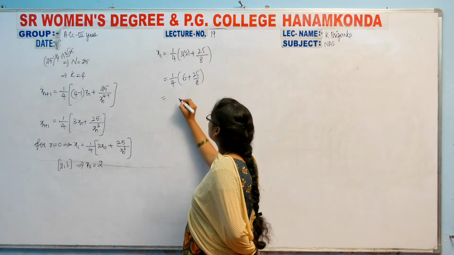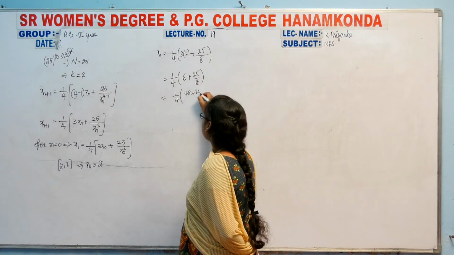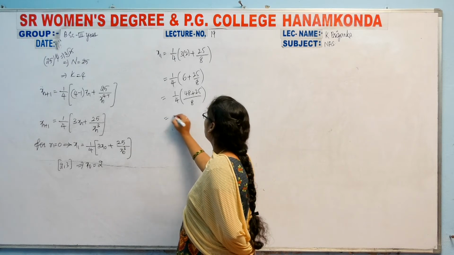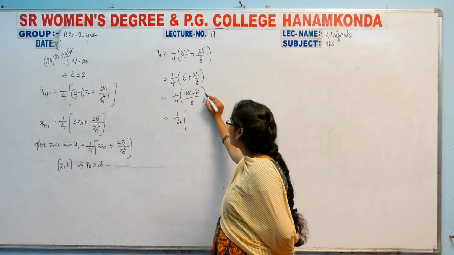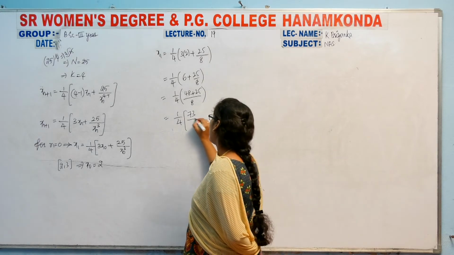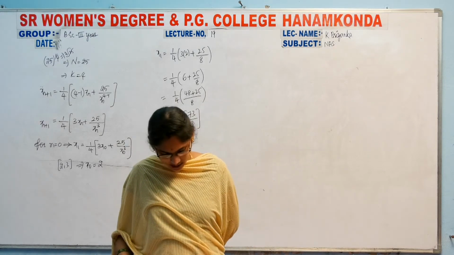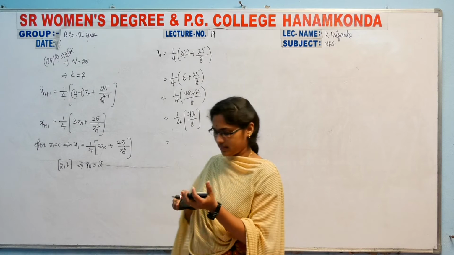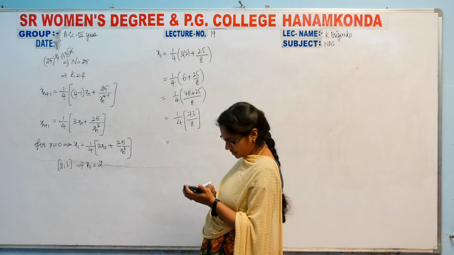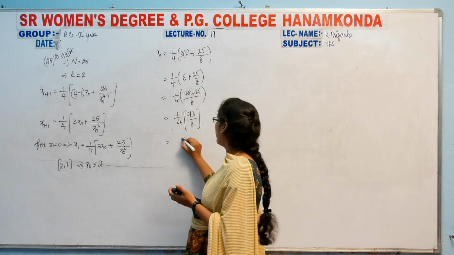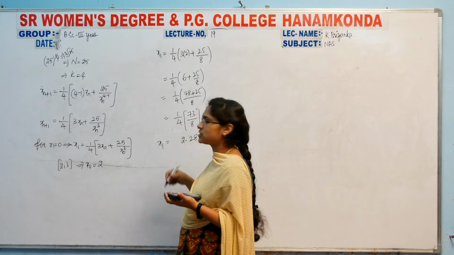Now 1 by 4 of 48 plus 25, that is 73 by 8. By using the calculator, 73 divided by 32 is 2.28125. This is nothing but x1 now.